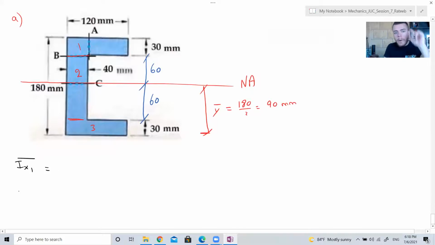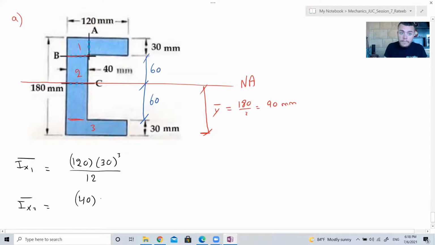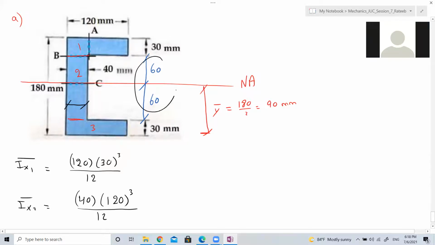What's Ix1 bar? 120 multiplied by 30 cubed over 12. What is Ix2 bar? 180... wrong. 40 times 120 cubed over 12. This is b and h is this.